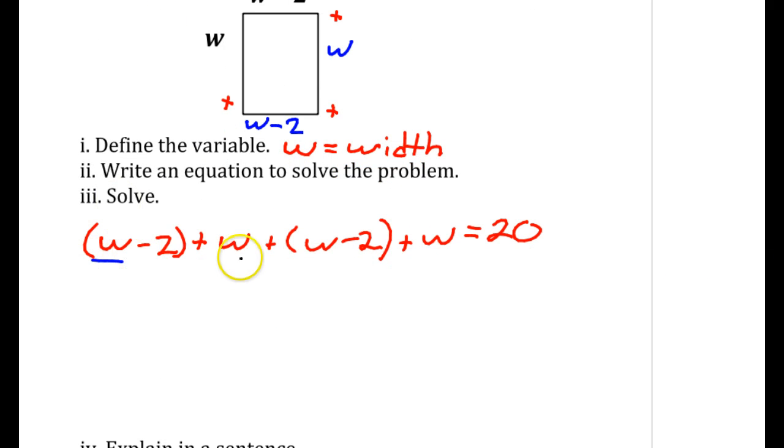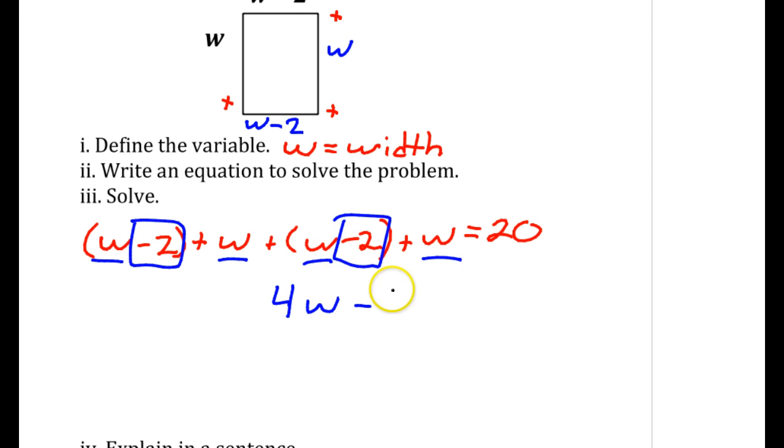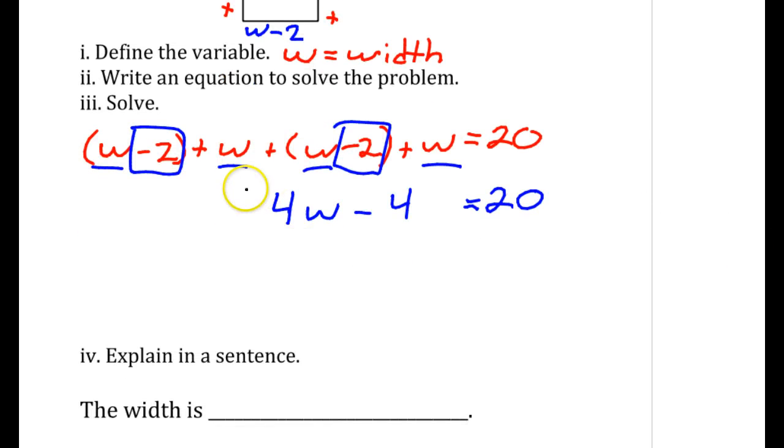Now, W, 2W, 3W, 4W, minus 2, minus 4. And solve.